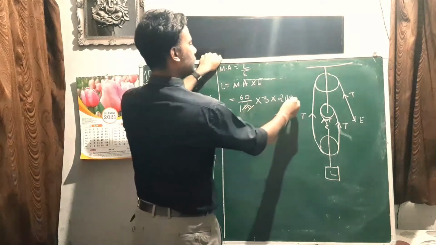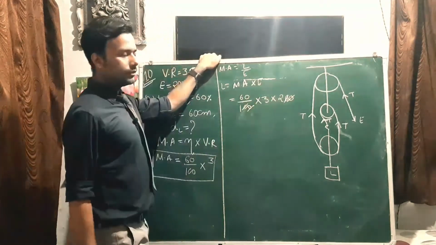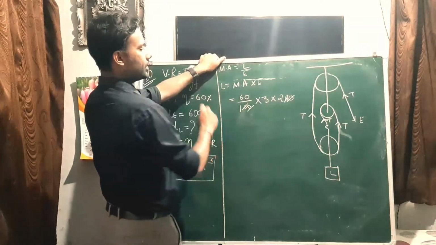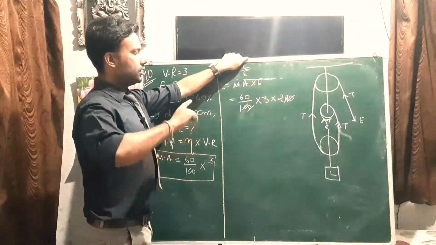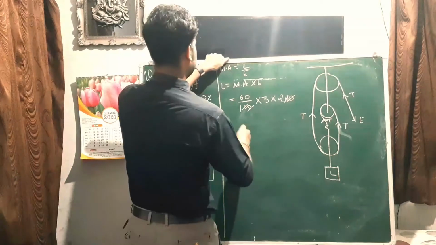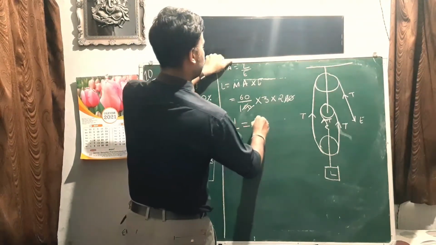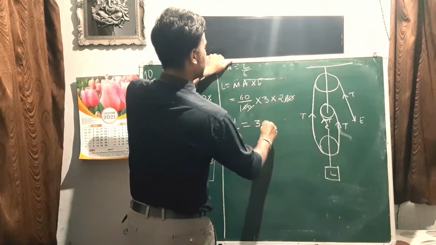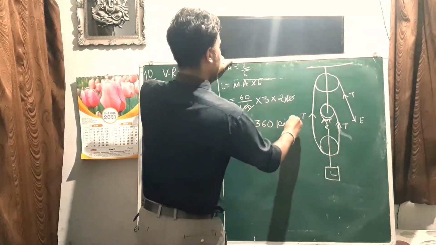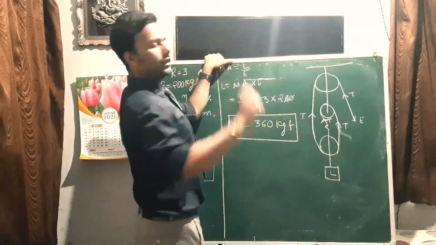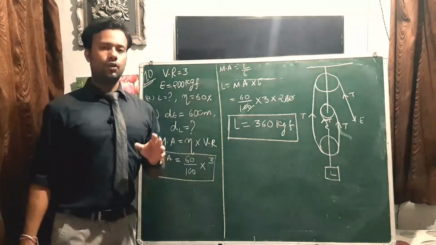So it has been cancelled. So 2 into 3 is 6, 6 into 60 will be 360, right? So load will be 360 kgf. So this is the value of load.